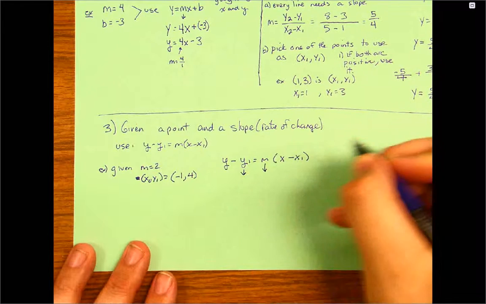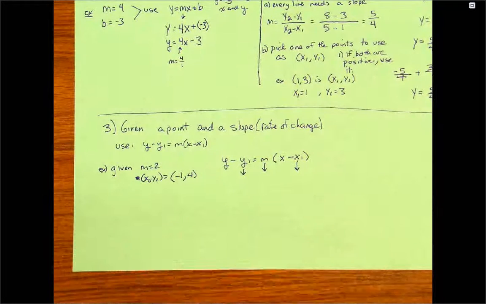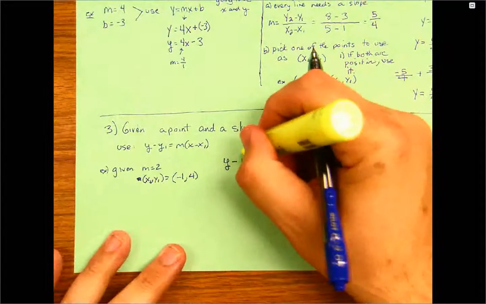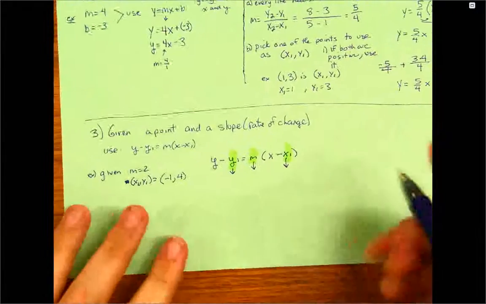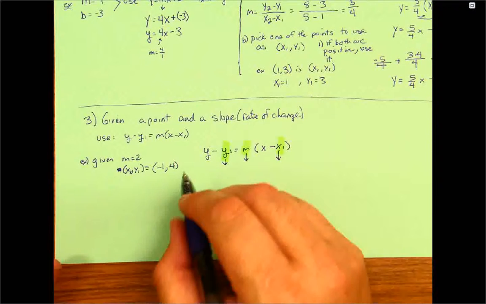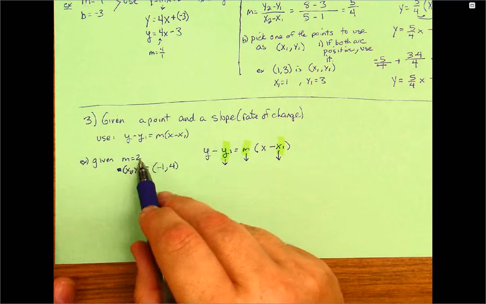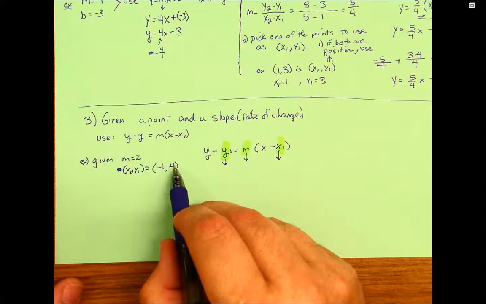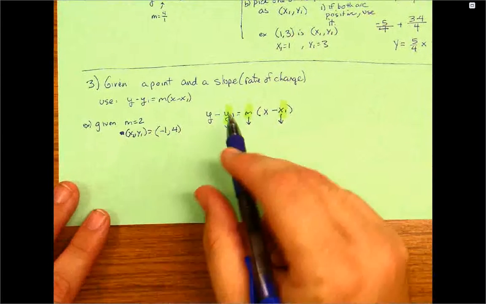So what's my y sub 1? Is it the 2, the negative 1, or the 4? What's the only thing that corresponds to a y? 4. Since it's positive, I could just write this afterwards. If it was negative, what would I have to do to that negative sign right there? Change it to positive.